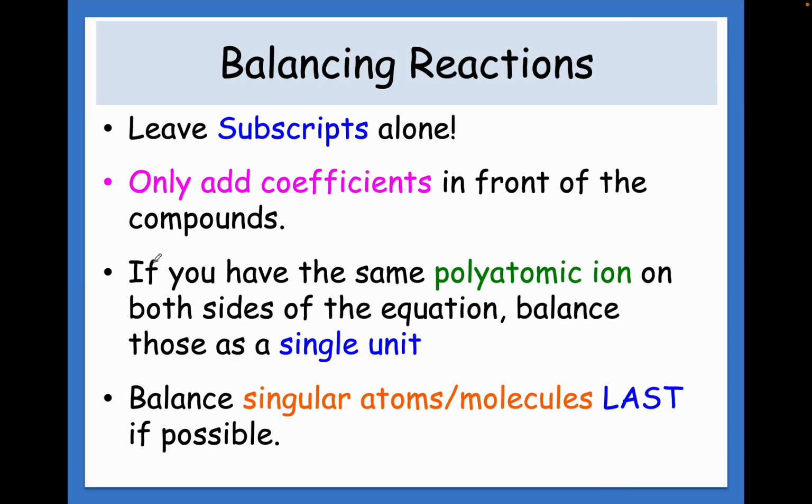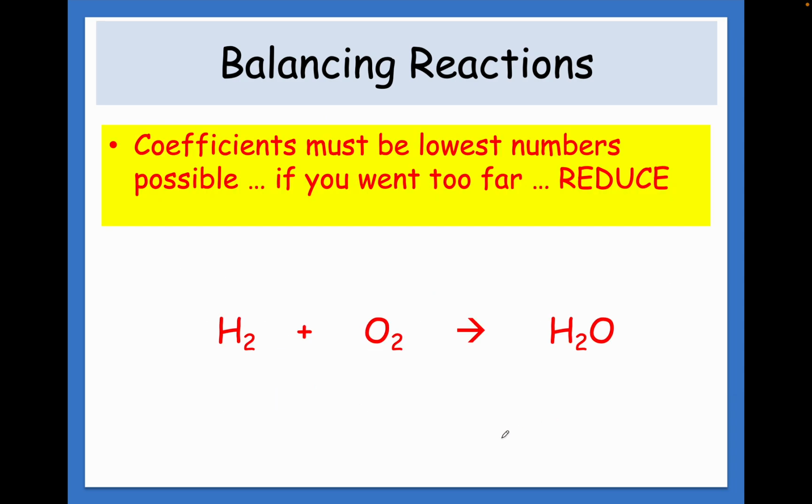So, a couple of rules for balancing reactions: always leave the subscripts alone, only add coefficients, that's the numbers in front. If you have the same polyatomic ion on both sides of the equation, balance them as a single unit. And then always balance singular atoms or molecules last if you can.